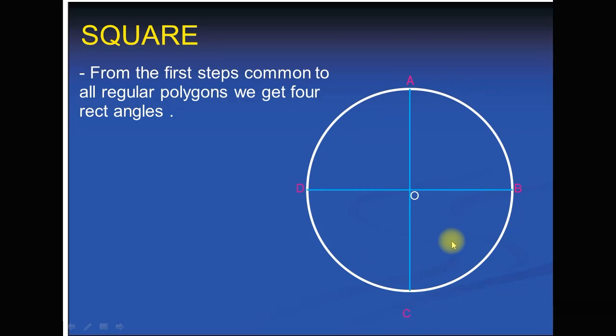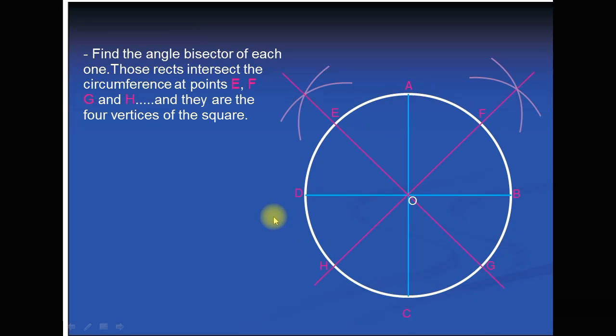After the circumference, draw the diameters of the circle, and now find the angle bisector of each of these angles. I have already told you about these steps in the previous video lecture. So first of all, draw the circumference, then draw the diameters of the circle. You will get 4 angles, and then draw the bisectors of these angles.